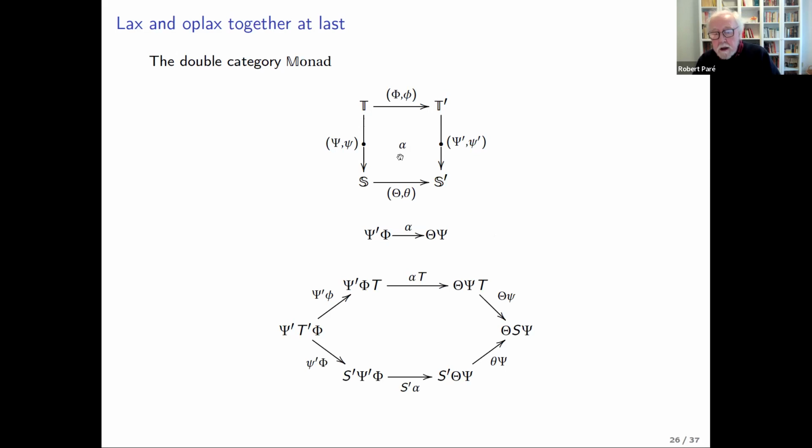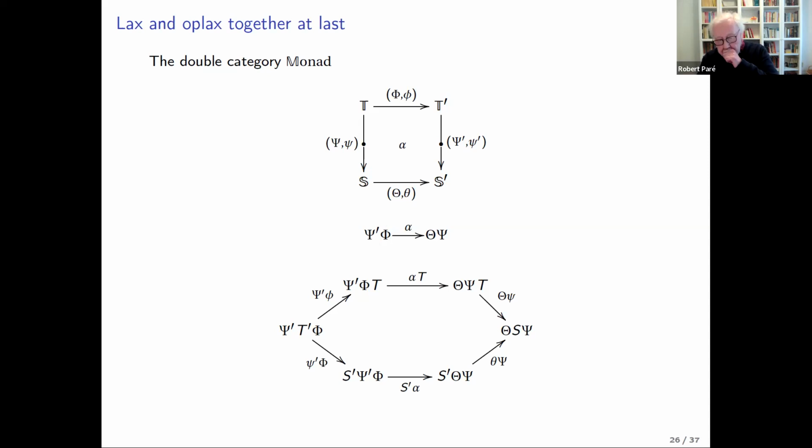And the cell is a natural transformation. The natural transformation is going down like this, from psi prime phi into theta psi. It's interesting because it has to go that way. If you try the other way, you get a diagram where nothing composes, so it doesn't commute. So it's a morphism like this, such that this hexagon commutes.